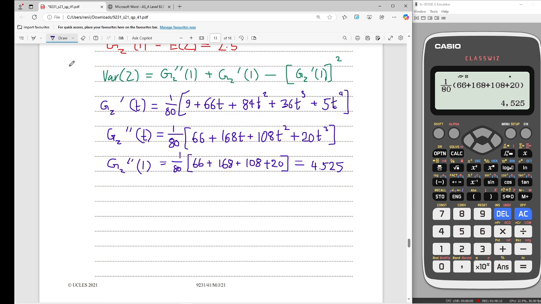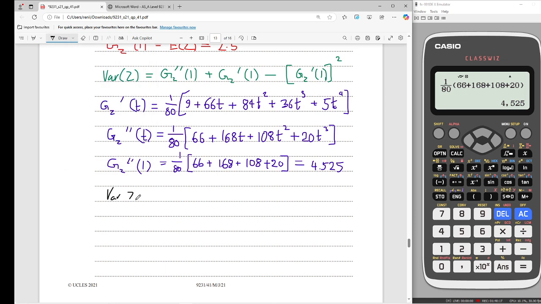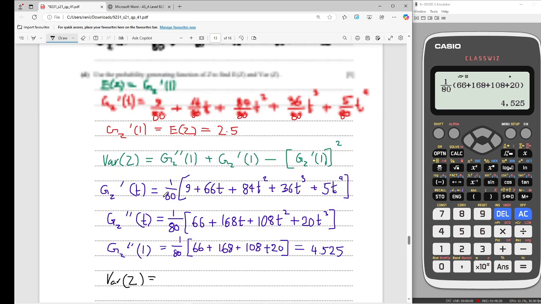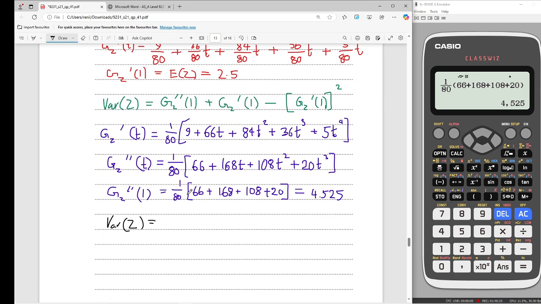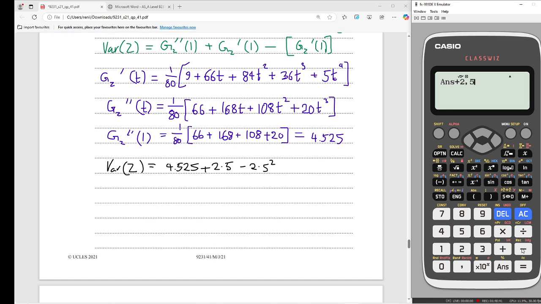Okay, now finally we can plug in our values and get the variance. So variance of z equals to 4.525 minus 2.5, no wait, plus 2.5 minus 2.5 squared, so plus 2.5 minus 2.5 squared, which is equal to 31/40 or 0.775.